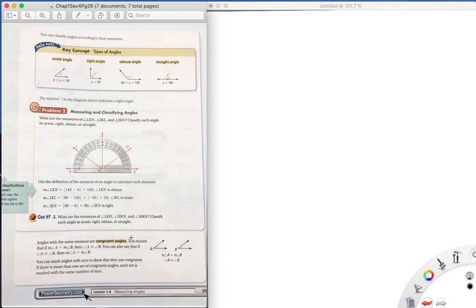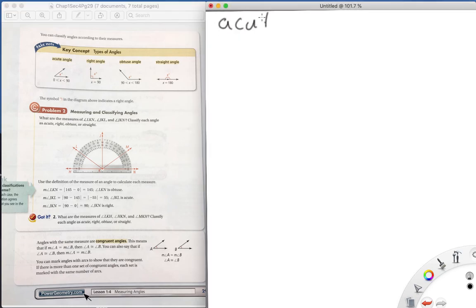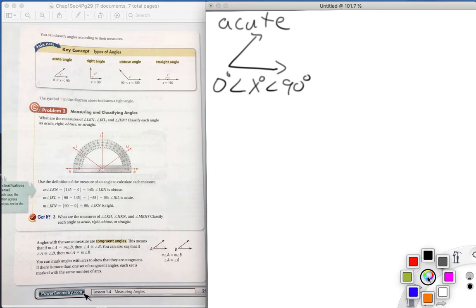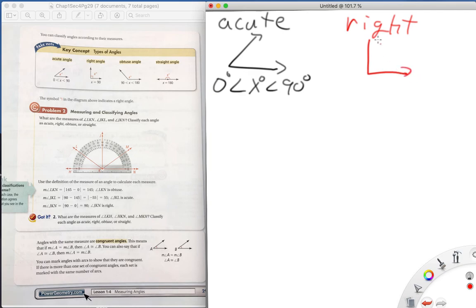Okay, so we have 4 types of angles. We have an acute angle. Here's an example of an acute angle. An acute angle is an angle that is between 0 and 90 degrees. We have a right angle, and a right angle is exactly 90 degrees.